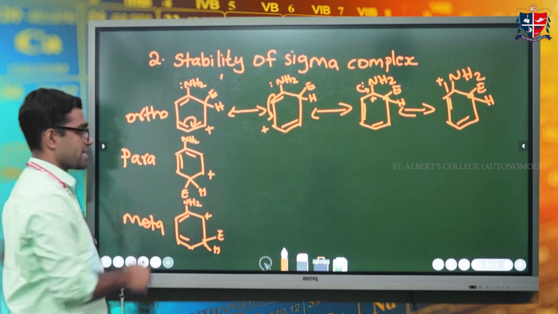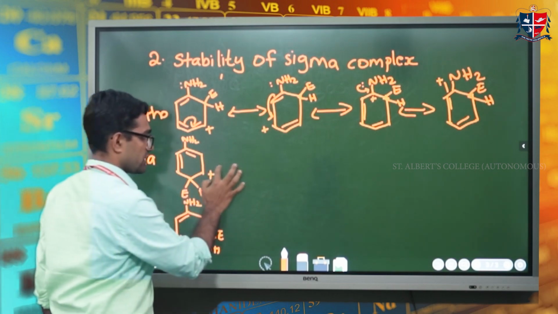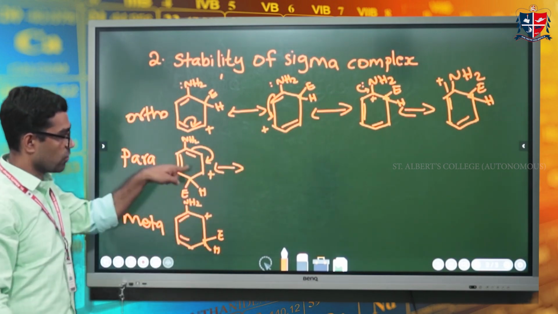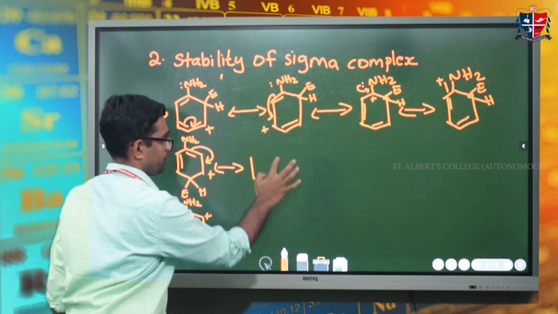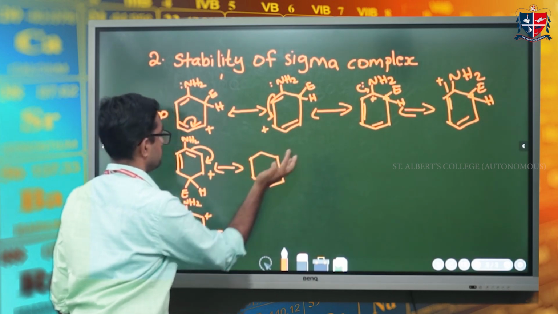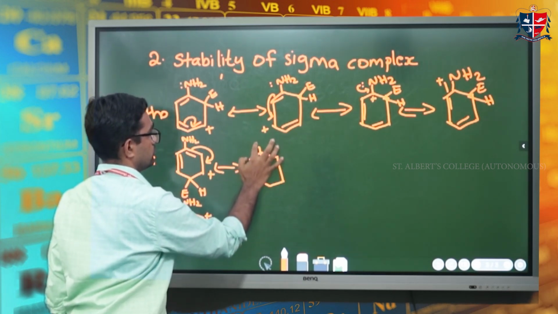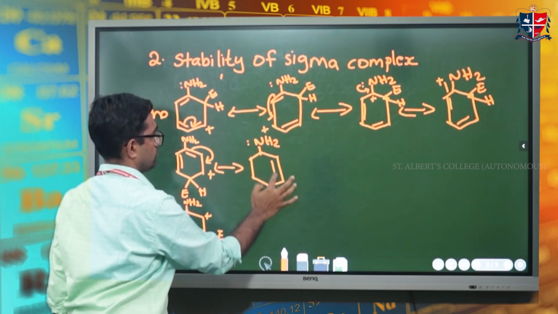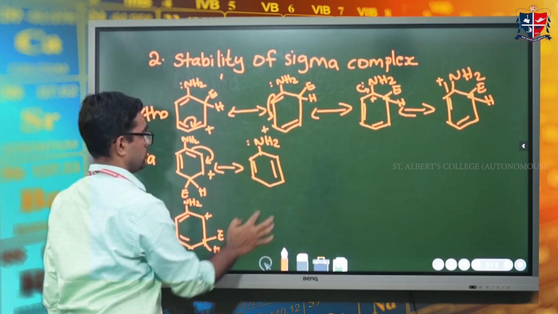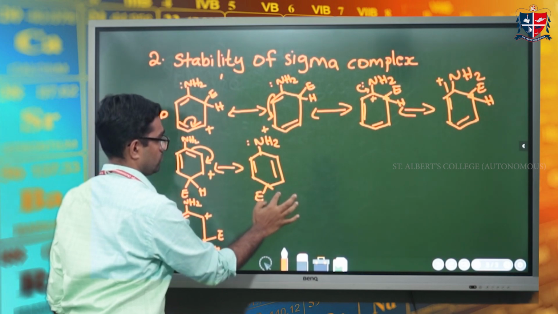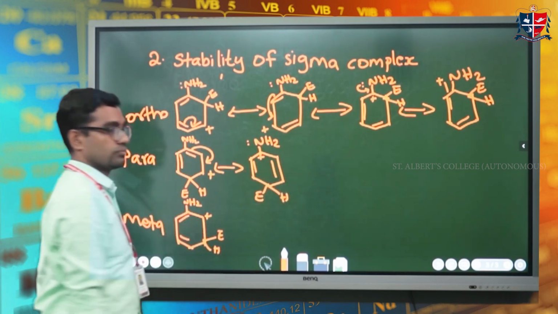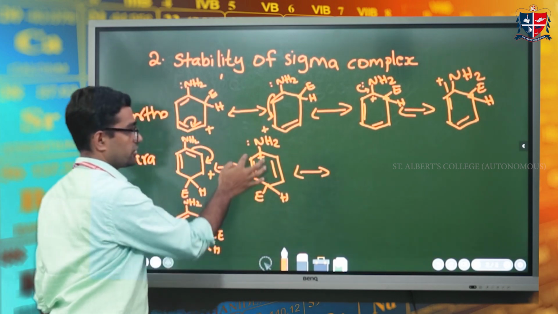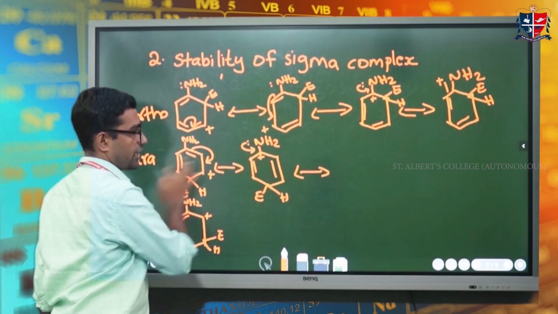Similarly, in the para attack, we can draw the resonating structures. If this bond is shifted here, the same thing happens with this pi donation.